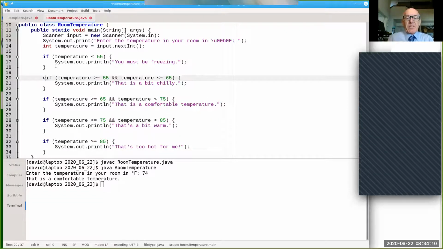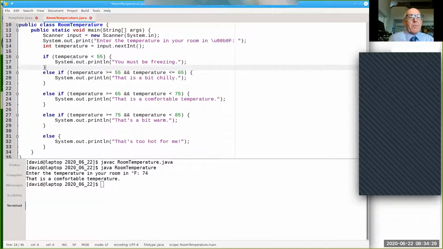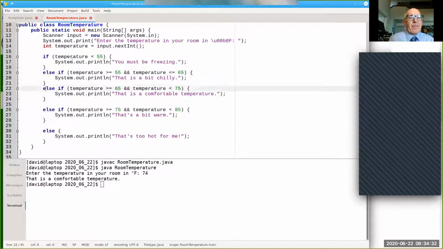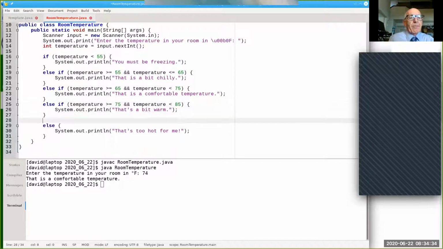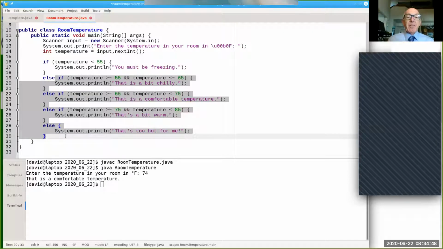By making this an else-if chain, and then this last one becomes an else, we no longer need to ask as many questions. If the person says it's 52 degrees, this is true. We do this and we skip everything afterwards because this else and everything depending on it is no longer needed.